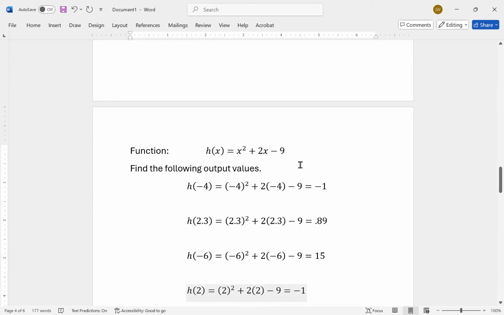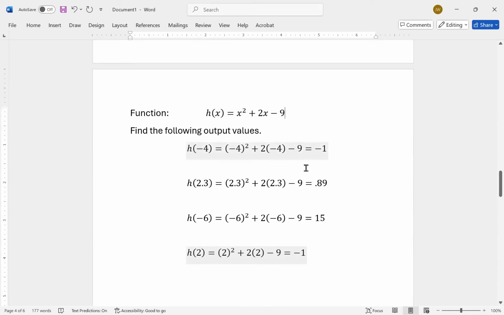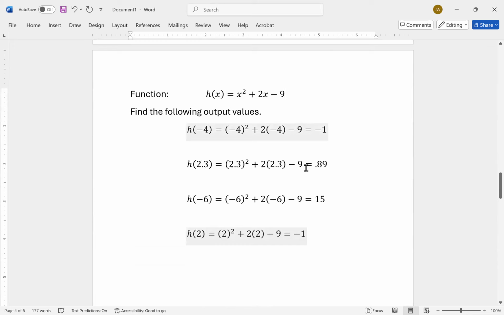That, though, would require a little bit more advanced solving techniques that we'll see later on in this course. So I won't have you, at least not at this stage, solve something like x squared plus 2x minus 9 equals, again, 15. I guess let's do 12.